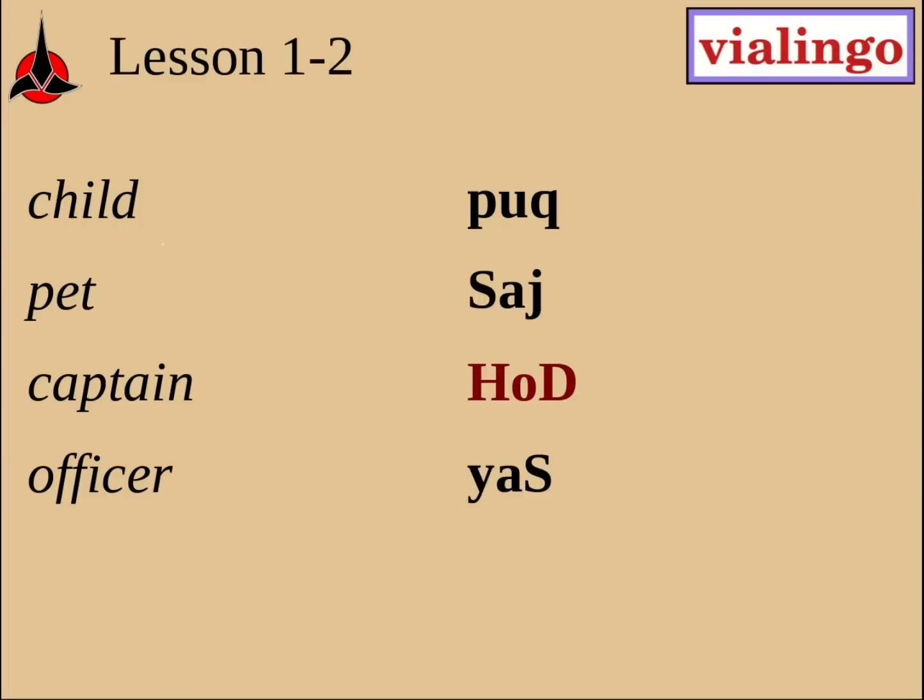Imagine that 2 Klingon guards are holding the starship captain by each arm. Officer is yash. Imagine that the officer fires a phaser, turning you into a pile of ash.